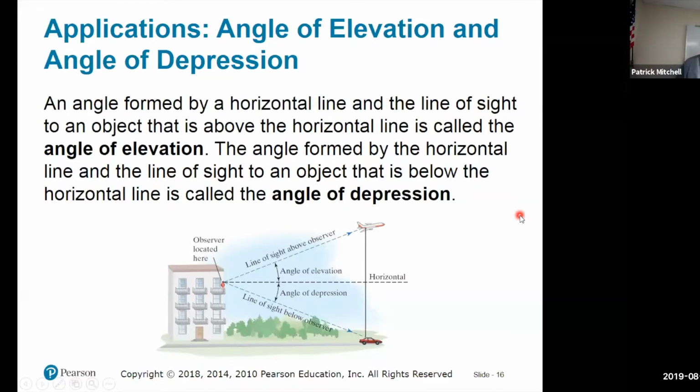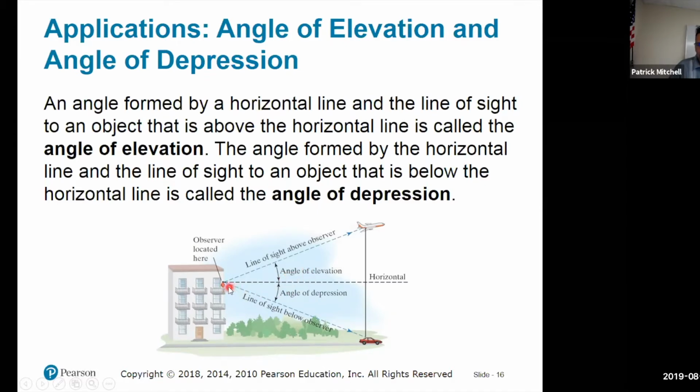All right, a little bit of vocabulary that we'll be using, maybe not in the very next example, but definitely in the future, is angles of elevation and angles of depression. So imagine that you're standing on this 3rd floor balcony here, and you look out and you see an airplane and you see a car, all right? Since the airplane is above you, if you needed to measure that angle going up for some reason, we call that an angle of elevation because it's going up.